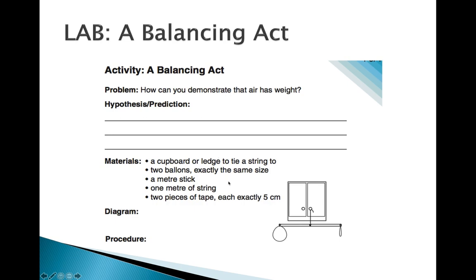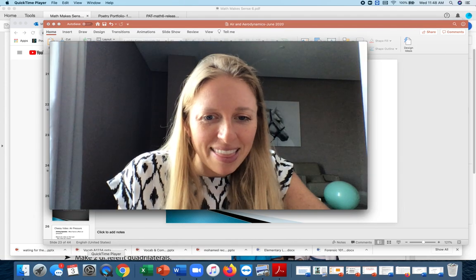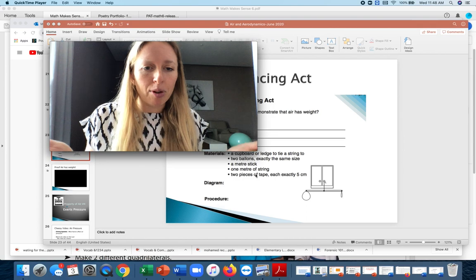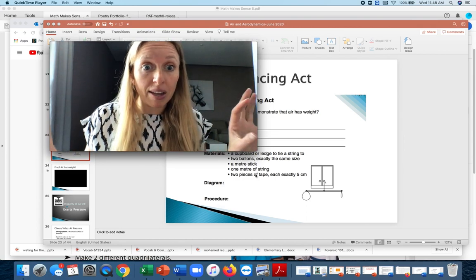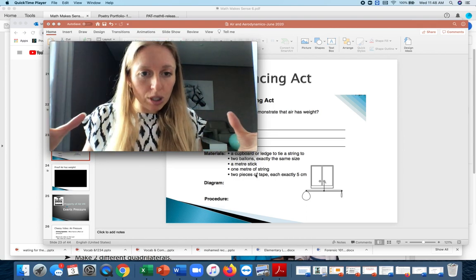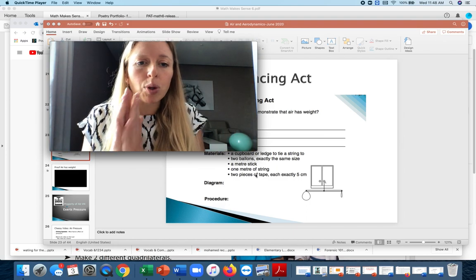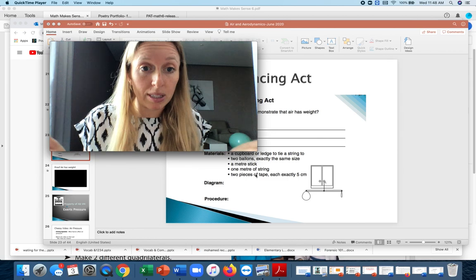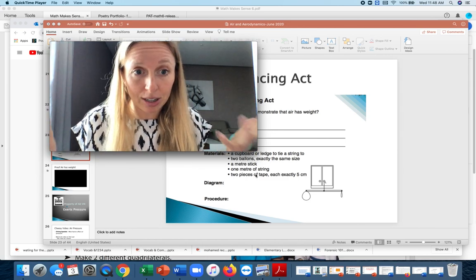Basically what this video is going to show is we're going to have a ruler, or a meter stick actually works best, or a broomstick or something that has to be even. Then you have 2 balloons that are the exact same size, and ideally also blown up to the same amount, which is really tricky to get.